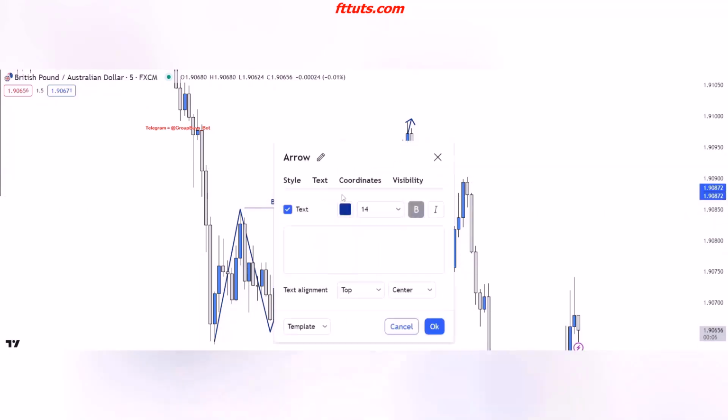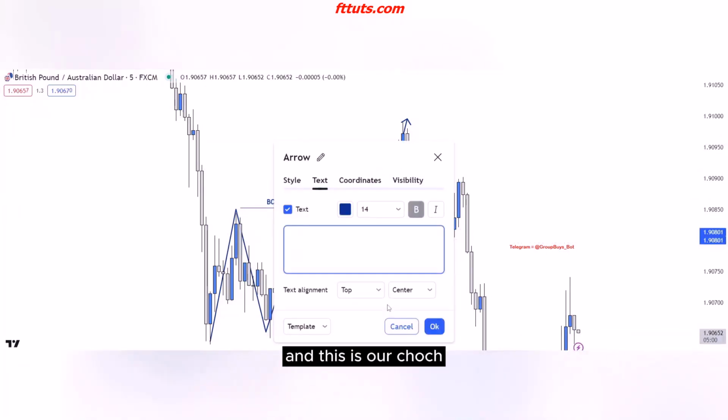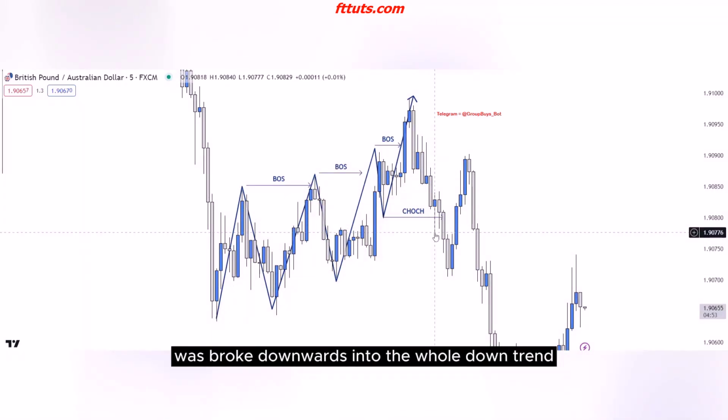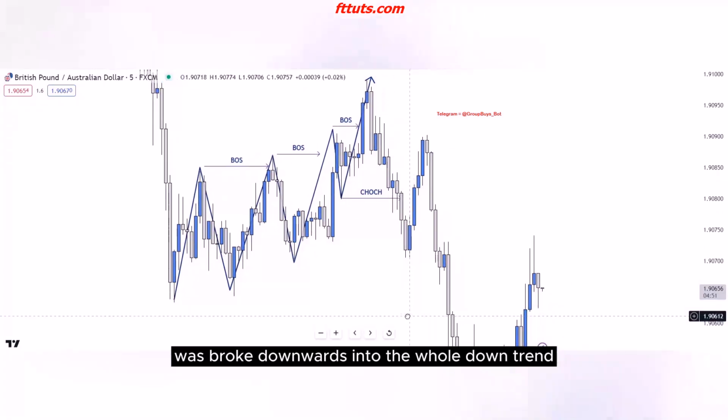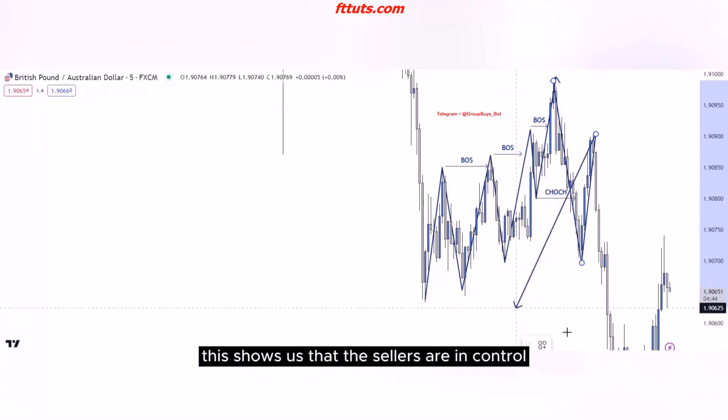BOS, BOS, BOS, okay. And this is our CHOCH. So as you can see, the CHOCH was created because the last structure was broken downwards, ending the whole uptrend. And you can also see that it continues to go down. This shows us that the sellers are in control.